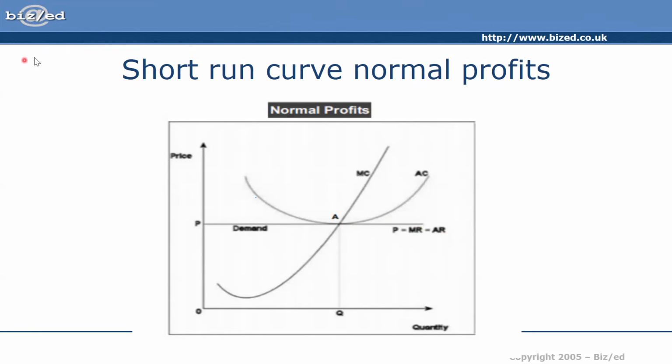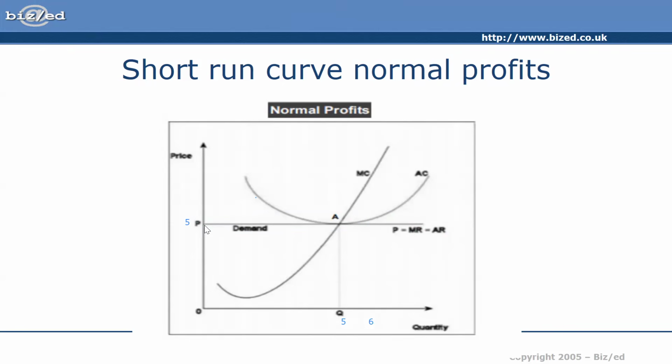Let's see if it's true. Let's say, for example, price was $5. Quantity here was 5, and then we have 6.